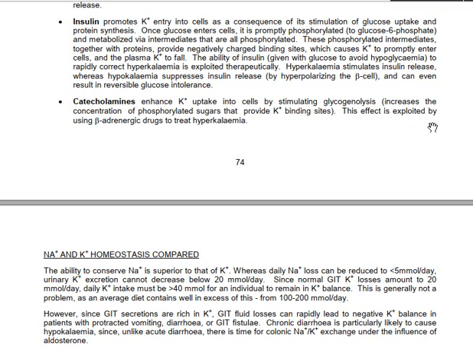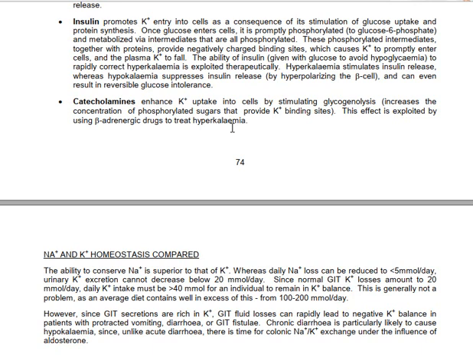This effect is going to be exploited by using beta-adrenergic drugs to treat hyperkalemia, and those beta-adrenergic drugs are typical catecholamines. So when you want to treat hyperkalemia, just use your beta-adrenergic drug, because it's going to reduce the potassium ion outside in the circulation by causing glycogenolysis.